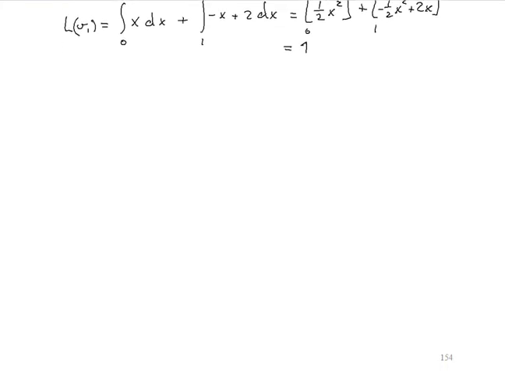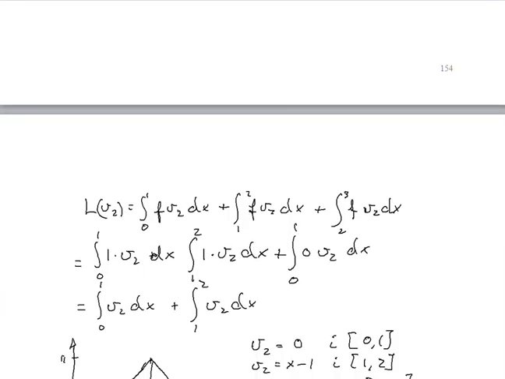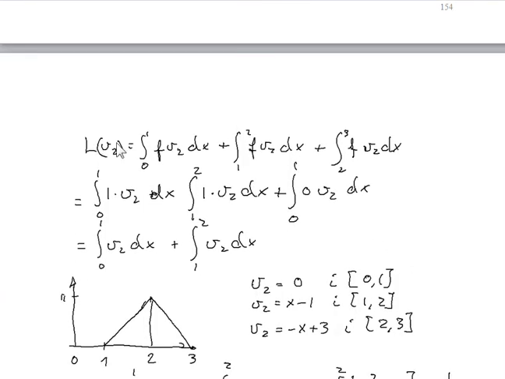So we can do the same for L of v2. Split this integral into 3 integrals and add them. We know that f is 1, 1 and 0 in these 3 intervals respectively. And in the same way we find that we had to compute these 2 integrals, because this integral vanishes.